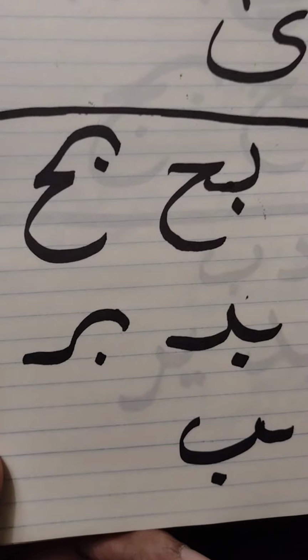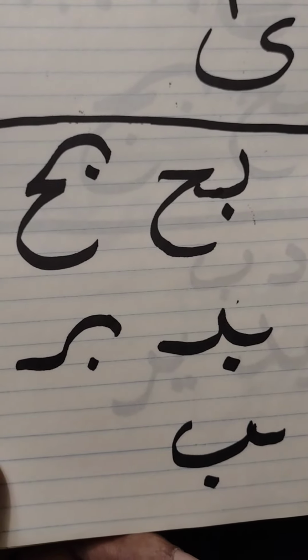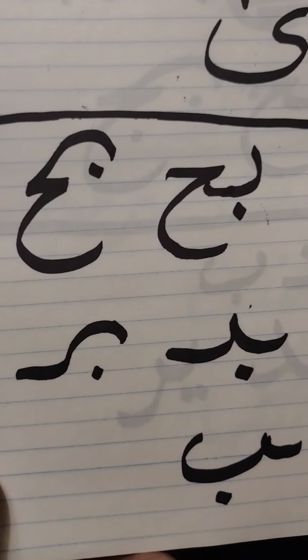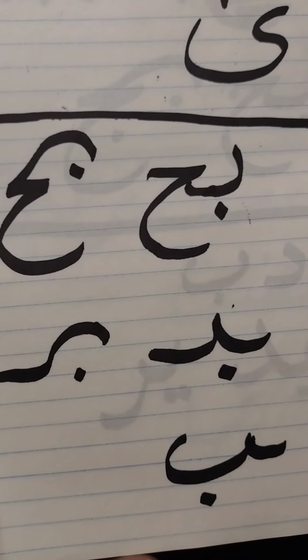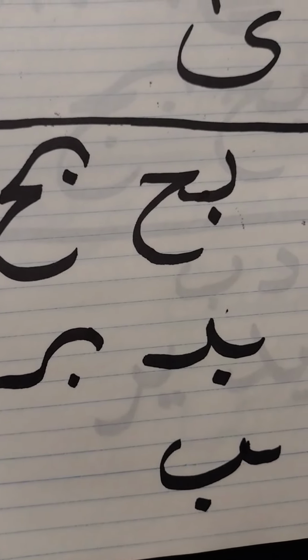In the beginning of a word, if you have ba connected to, for example, ha, it can either come underneath the beak of the ha, or it can go over top as a hump of a ha or a jim or whatever letter you're connecting to. So it can come underneath or over top, like I've shown here.